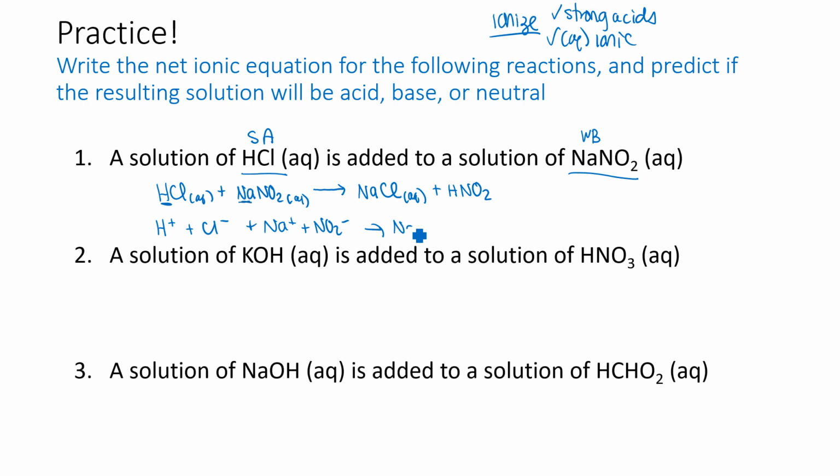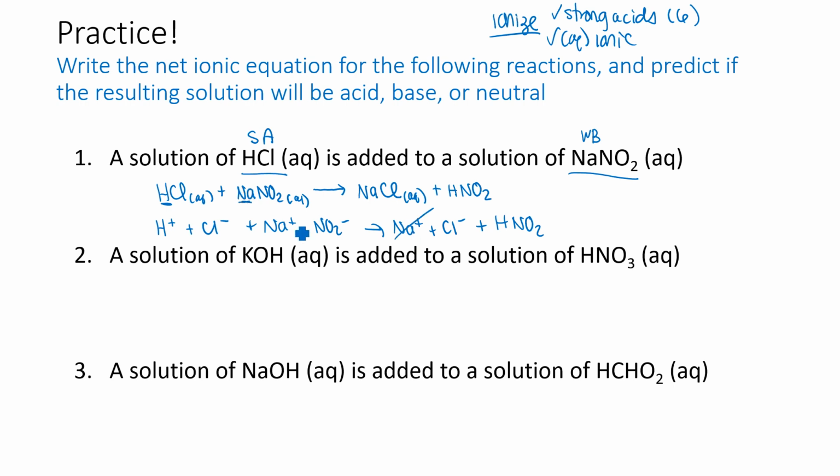NaCl is also a soluble ionic compound. And then HNO2 is not ionic, and it's not a strong acid. Remember, HNO3 is a strong acid, HNO2 is not. With the strong acids, there are only six to memorize. So memorize the strong six, and if it's not one of those six, you can assume it's a weak acid.